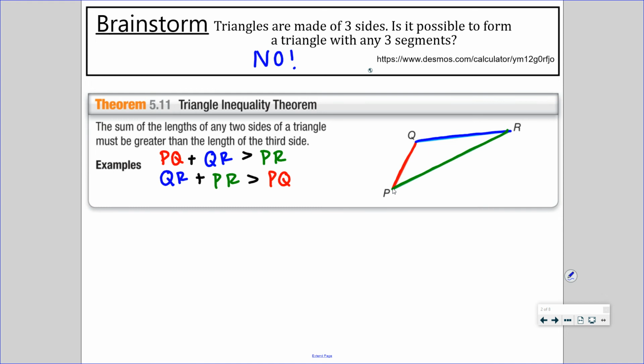And then lastly, my other combination would be PQ plus PR, and that sum of those lengths is greater than the length of the other side, which is QR. As long as all of those are true, then it can form a triangle. That's what this theorem allows us to show.